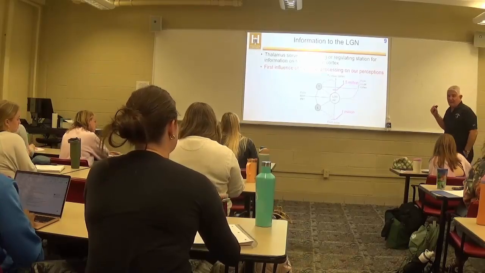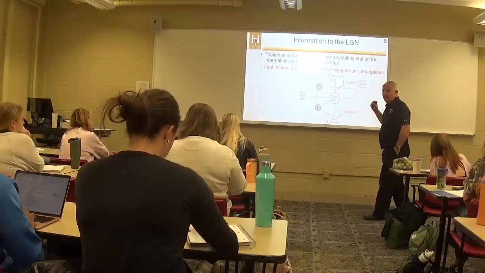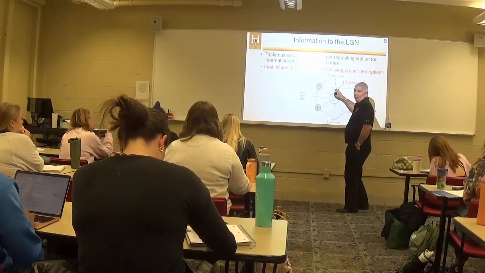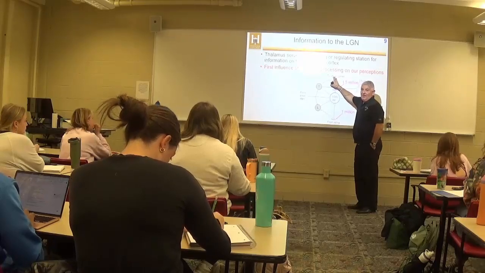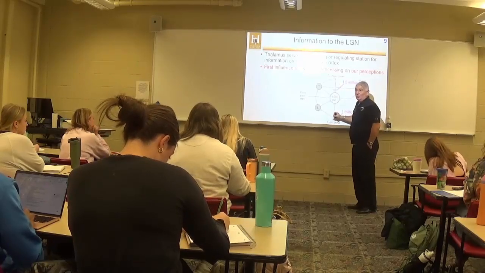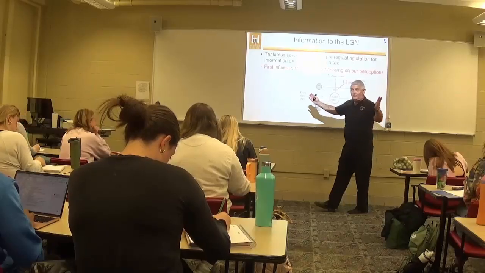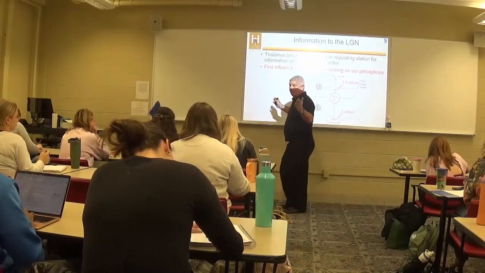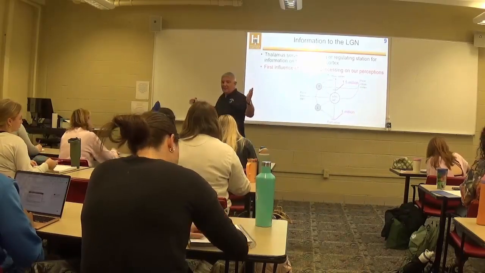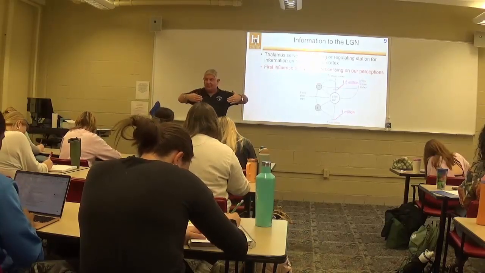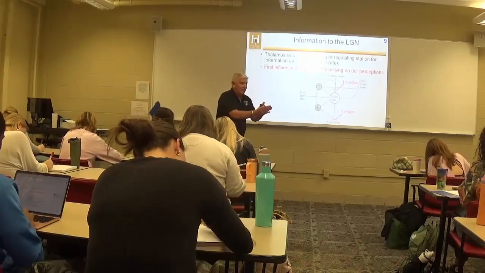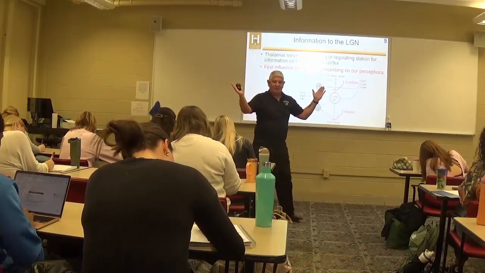We're manipulating your visual sensations already before we even get to V1. So now we have more information leaving the thalamus than came in. So we're starting to diverge back out, right? So we talked about convergence as something that sometimes we have to do to get information into the brain, but once we get into the brain, we can begin to diverge out because we have many more cells in the brain.